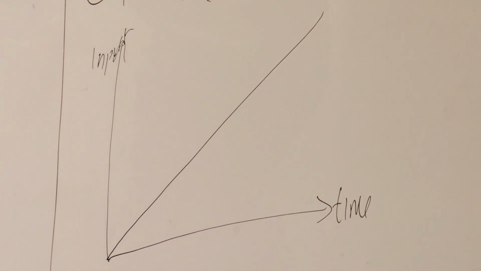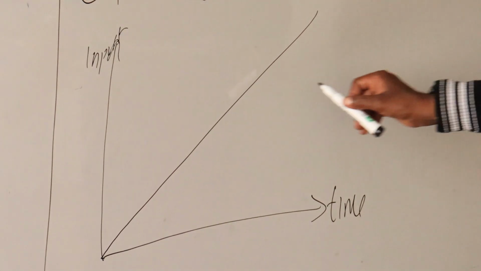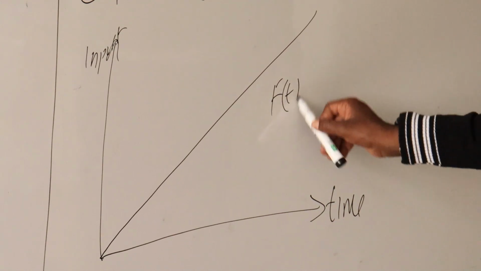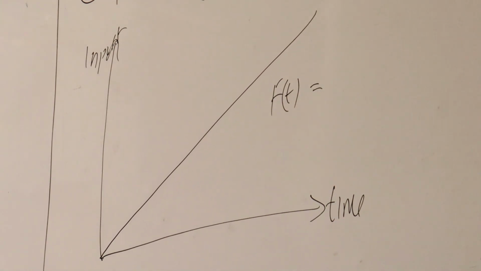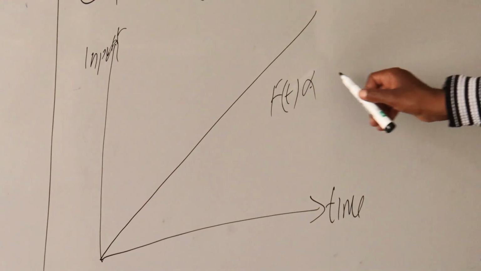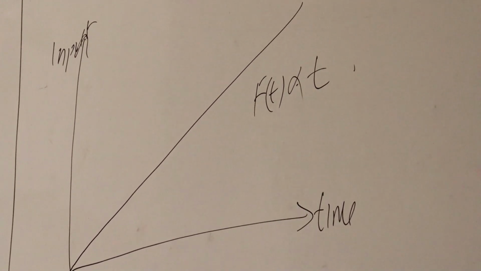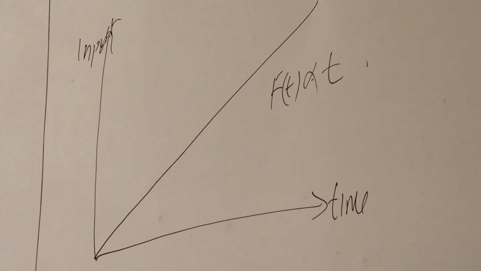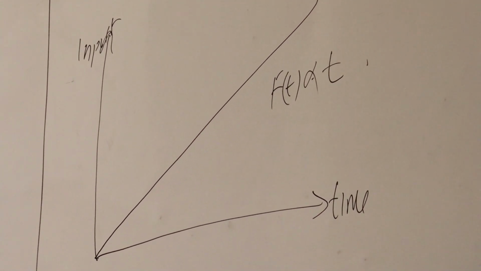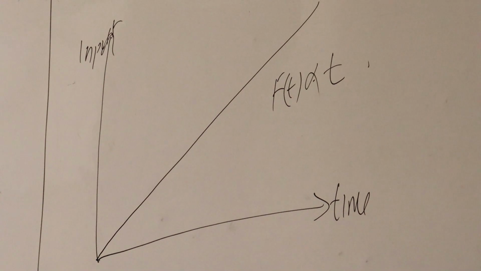So f of t is directly proportional to the function time. That is what the ramp input, or rather the constant velocity input, is all about.